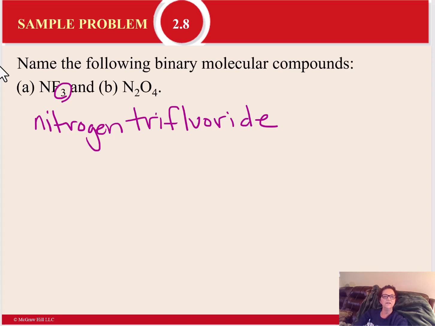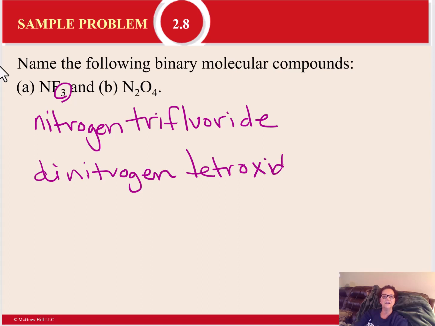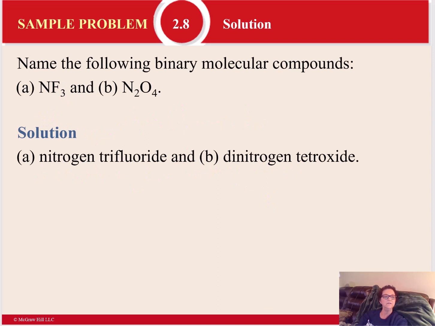The second one, N2O4, is dinitrogen tetroxide. Notice that I dropped the A from tetra because it's just easier to say and to write.